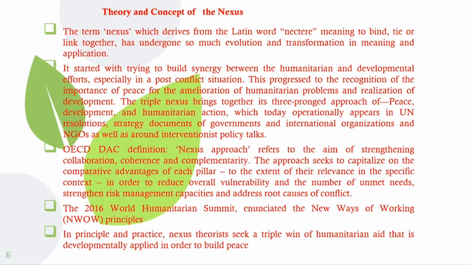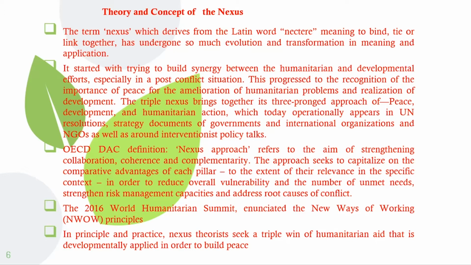This progressed to the recognition of the importance of peace for the amelioration of humanitarian problems and realization of development. The triple nexus brings together its 3-pronged approach of peace, development, and humanitarian action, which today operationally appears in UN resolutions, strategy documents of governments and international organizations and NGOs, as well as around interventionist policy talks.